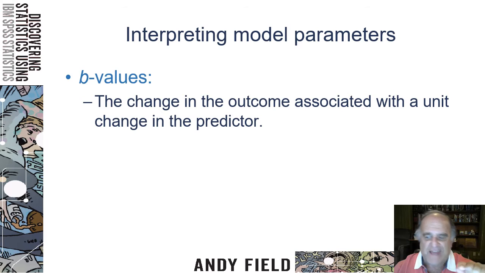And of course, we have to add the caveat to that, that's controlling or holding constant the other variables in the model. All right? So that's your B value. That's your little b value.